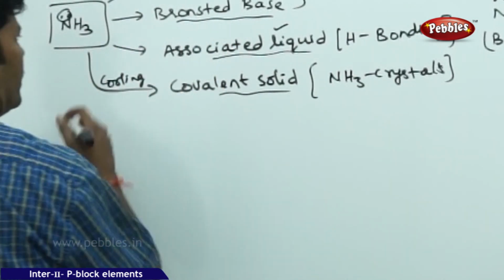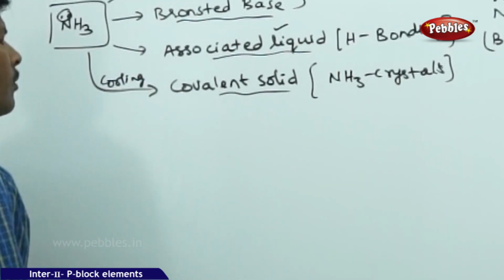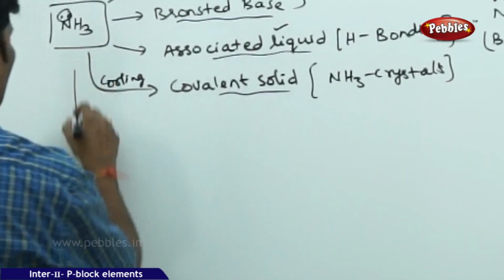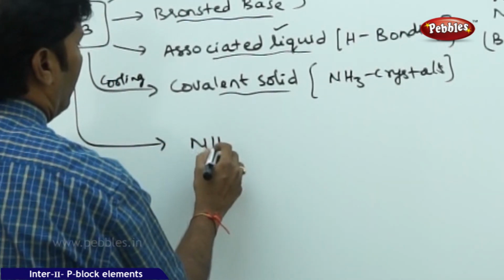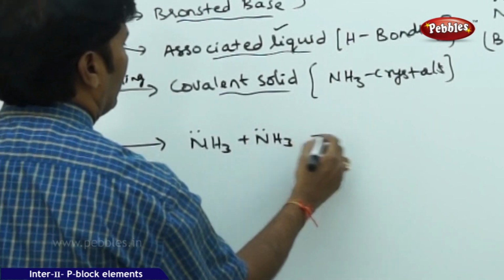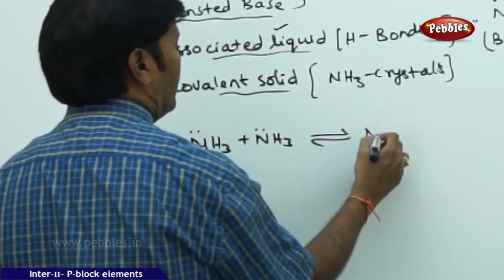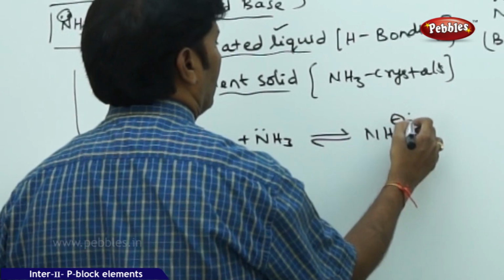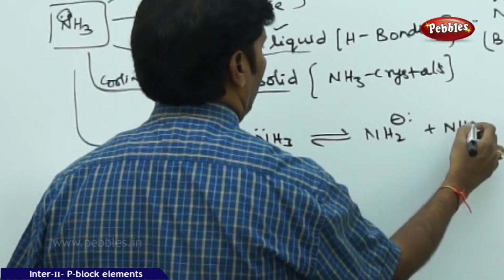Now, if ammonia undergoes self-ammonolysis, an ammonia molecule plus an ammonia molecule, in a reversible reaction, gives NH2 minus plus NH4 plus.